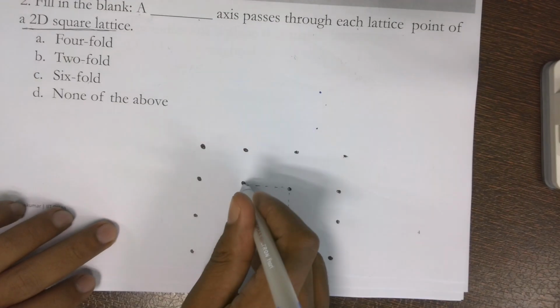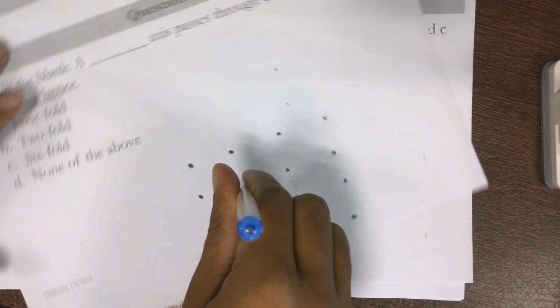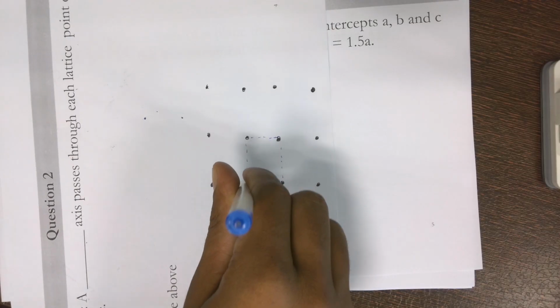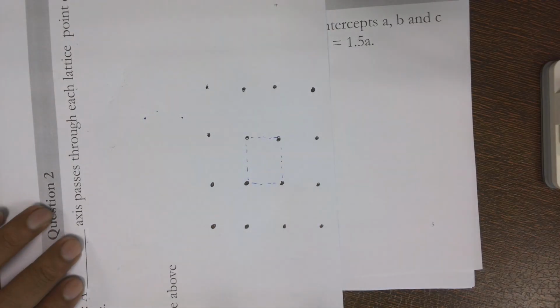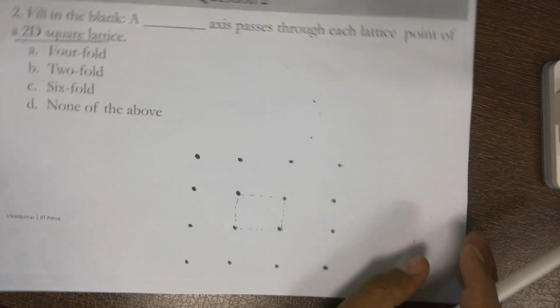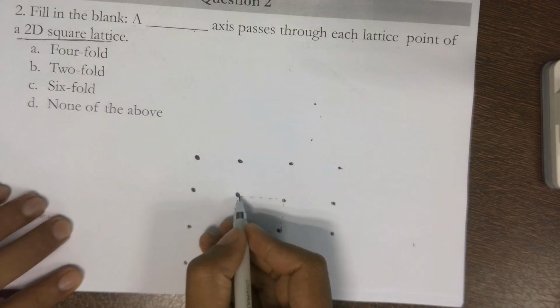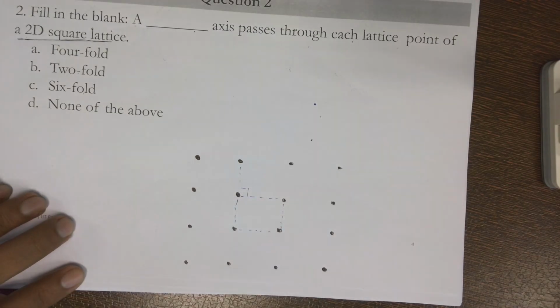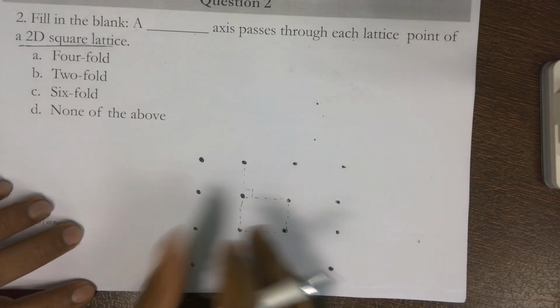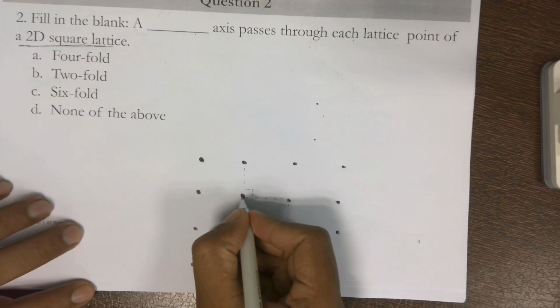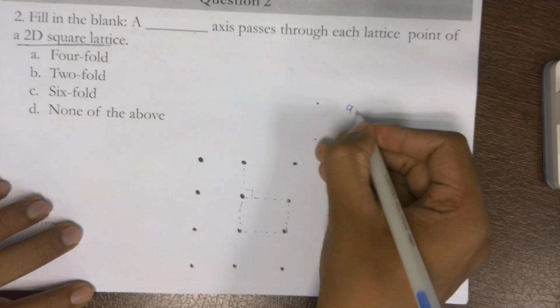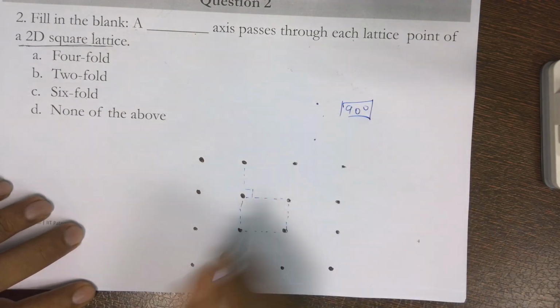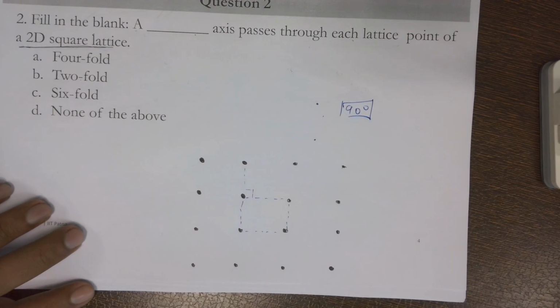Since this is a square lattice, we'll get something like this. So the initial and the final will exactly remain the same. The rotation should be by the amount of 90 degree, right? So if I rotate this entire lattice about this particular point by 90 degree, I will get the symmetrical structure.